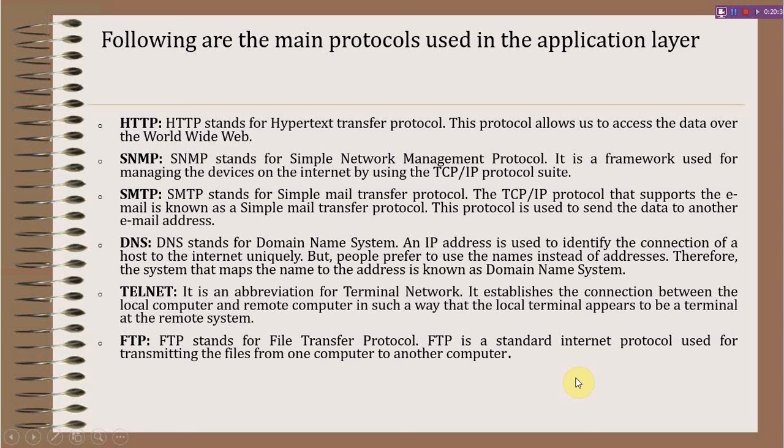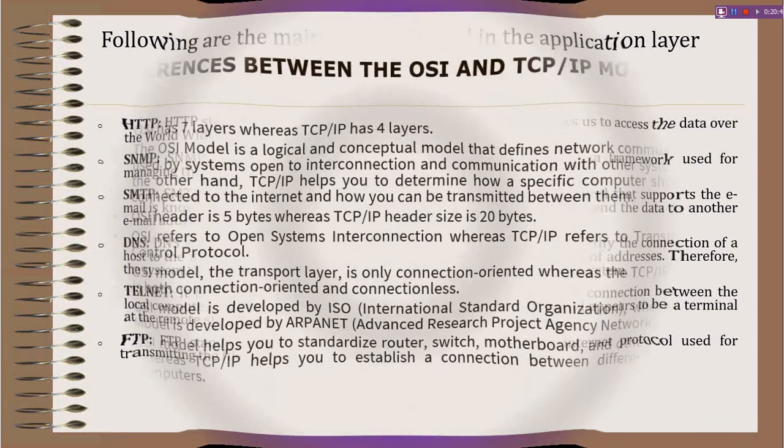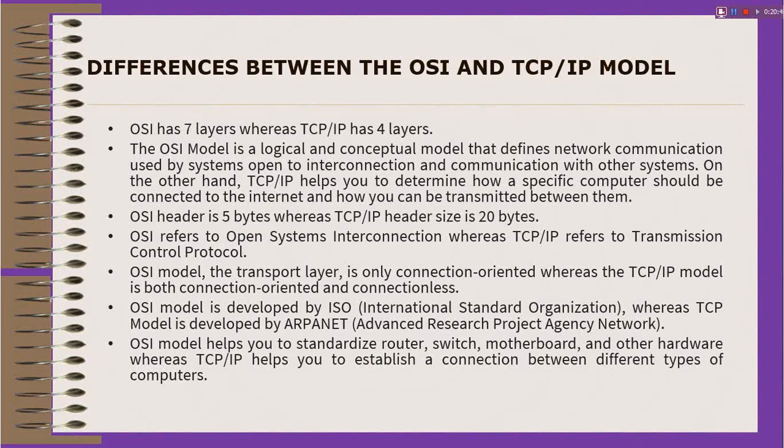So these are the functions of the layers of TCP/IP and the protocols used in TCP/IP. Okay. So now let us discuss the difference between the OSI and TCP/IP models. The first difference is OSI has 7 layers, whereas TCP/IP has 4 layers.